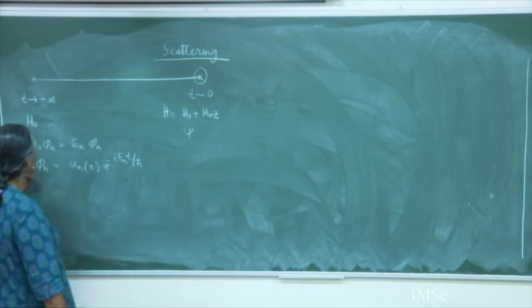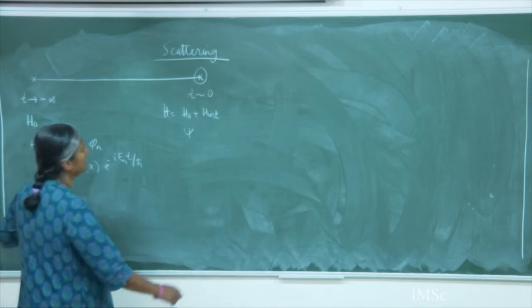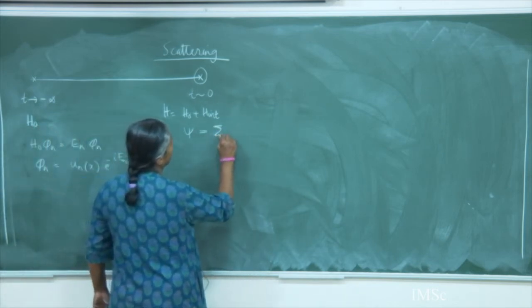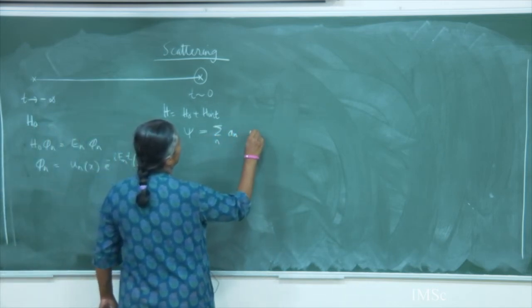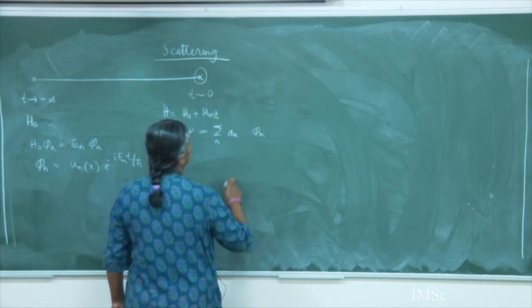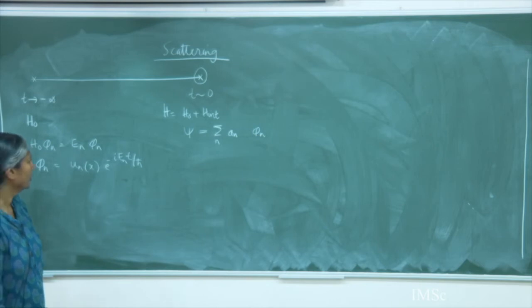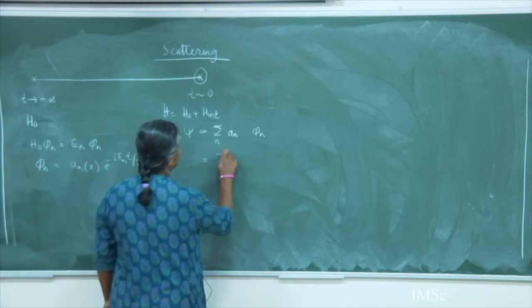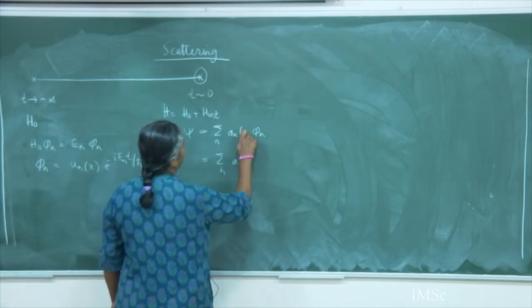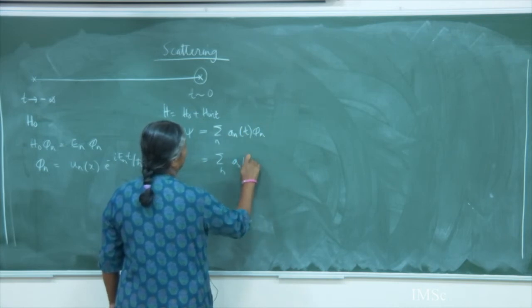However, since phi n form a complete set, we can always write psi as a sum over the phi n. By the way, the coefficient a n is time dependent.